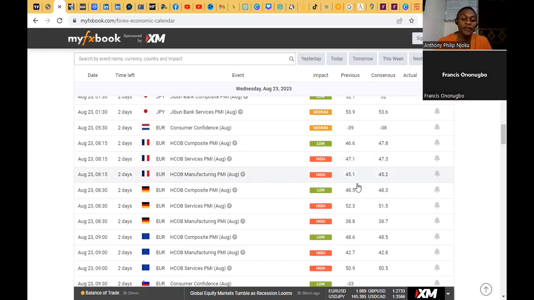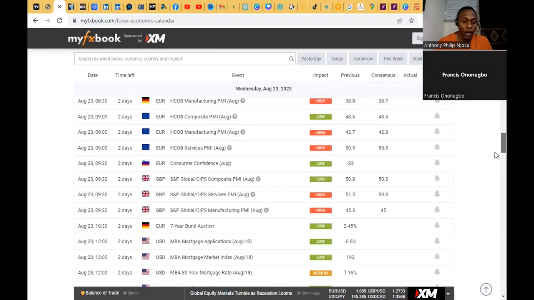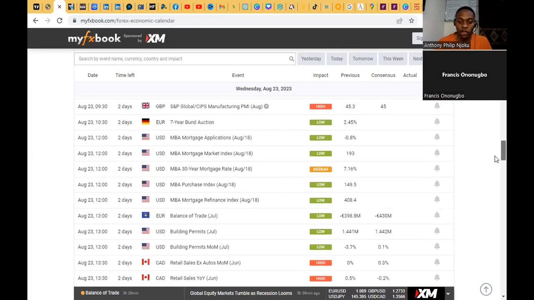This could be a very high impact news to push the market in a certain direction. Ending the London session with the GBP S&P Global manufacturing PMI by 9:30 a.m. on Wednesday, that is going to be a very juicy London session.